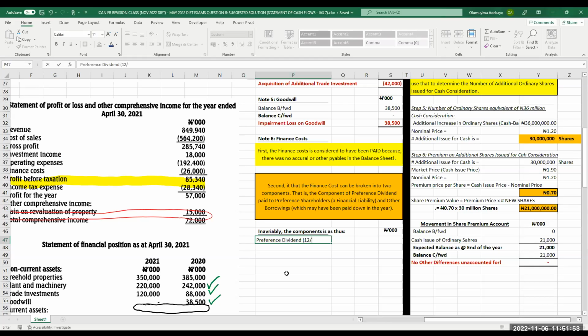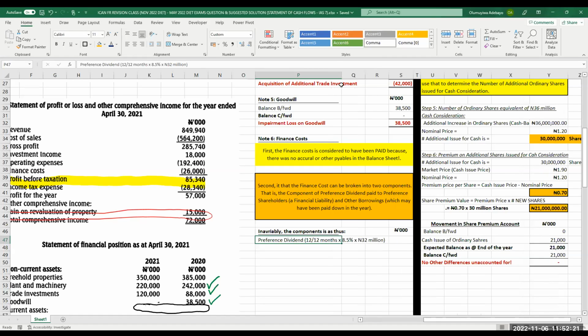That is 12 over 12 months multiplied by 8.5% multiplied by 32 million. And that is that.